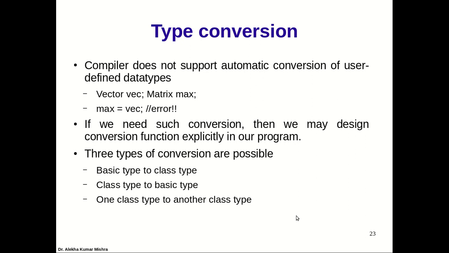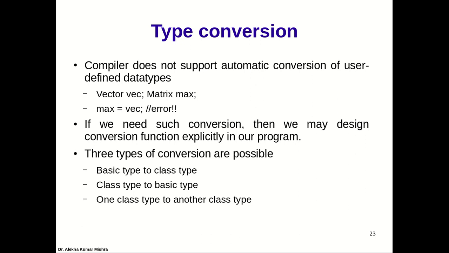for user-defined types. Let's say I have defined a vector object vec and a matrix object mat, and I want to convert this vector into a matrix, so the vector should be treated as a matrix value. This implicit conversion is not possible; directly we cannot write like this.